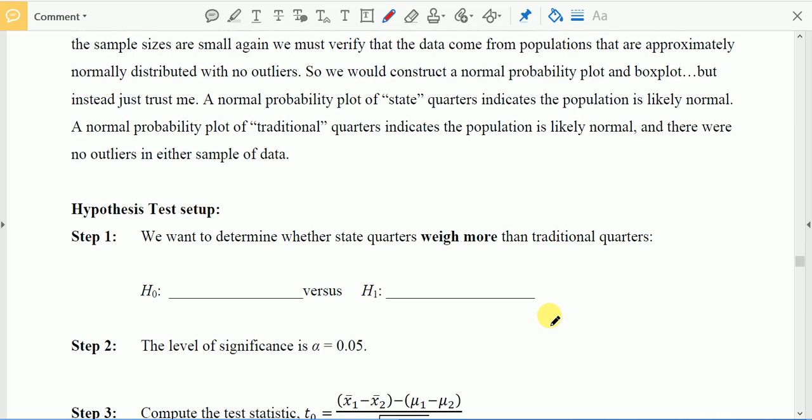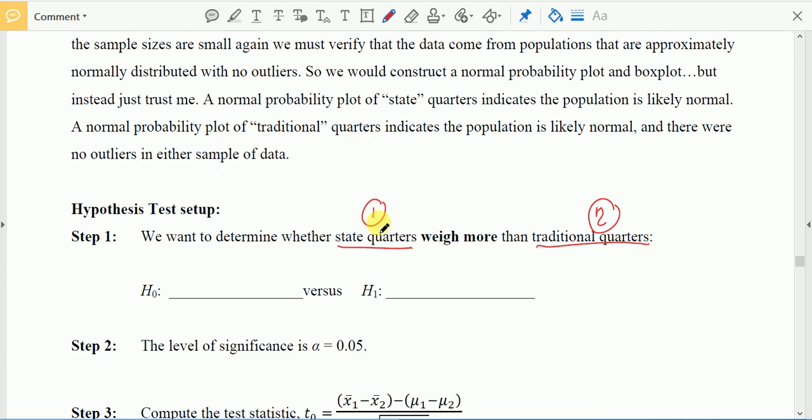Now, the null hypothesis. Let's first denote the state quarter as the first data set, and the traditional quarter as the second data set.